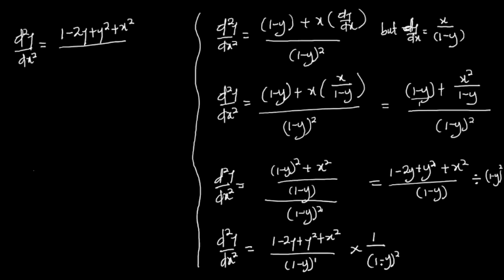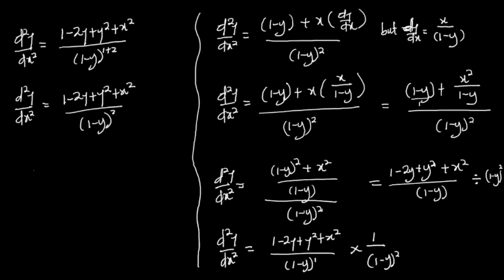The law of indices, if the bases are the same, you add the exponent. So here it becomes 1 minus y, then 2 plus 1 or 1 plus 2 over here. So it means the d squared y on ds squared is going to give me 1 minus 2y plus y squared plus s squared all on 1 minus y raised to the power 3.